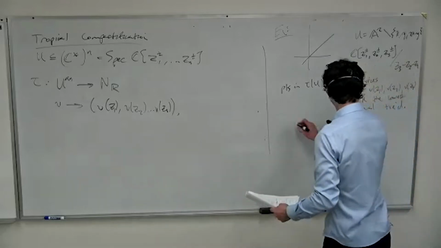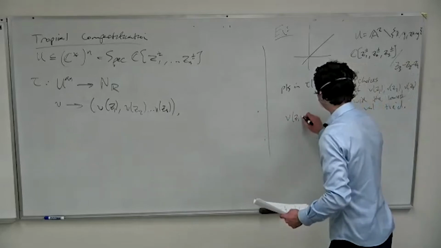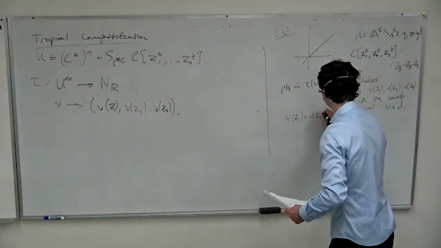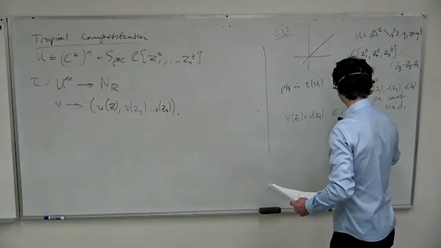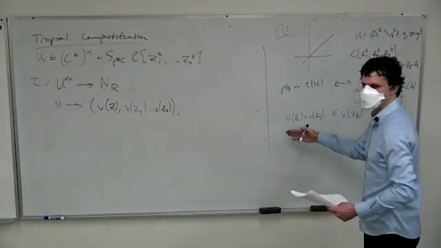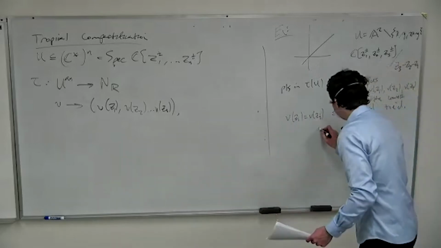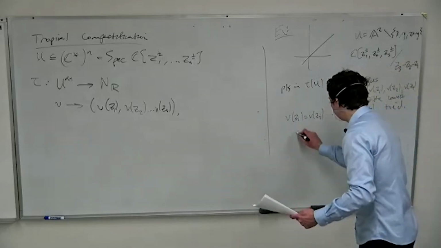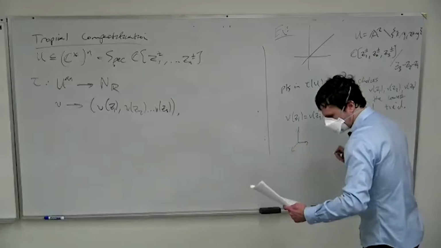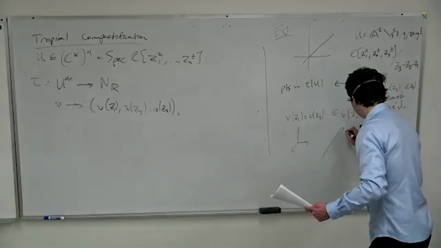Okay, and so this is just saying that you have V of Zi equals V of Zj, and that this is less than or equal to V of Zk, and then you allow every permutation. Okay, and so then if you look at this, this is in some three-dimensional space.